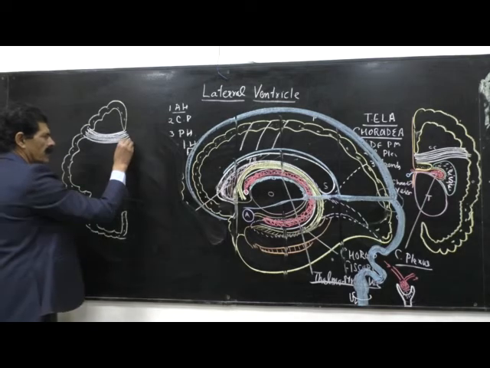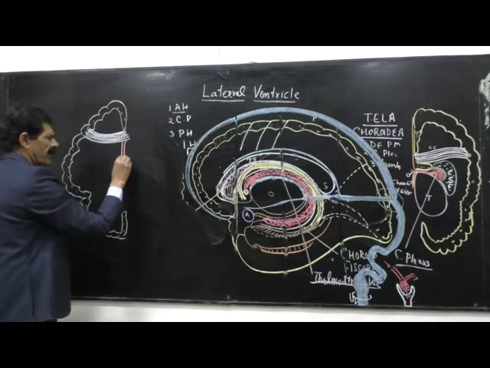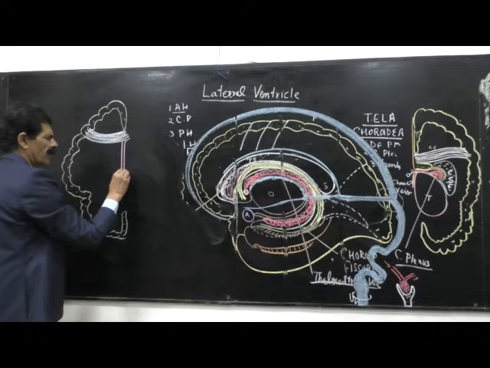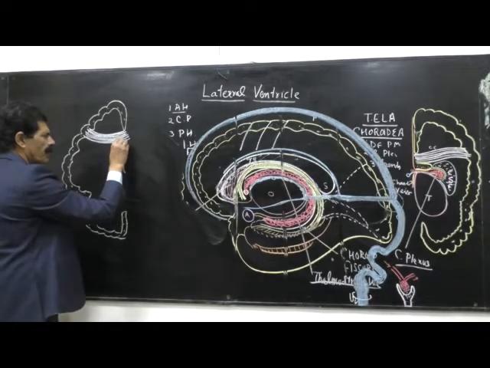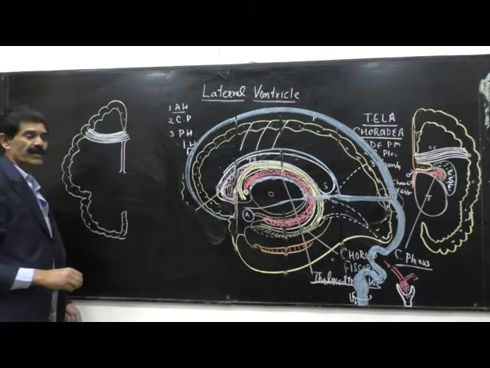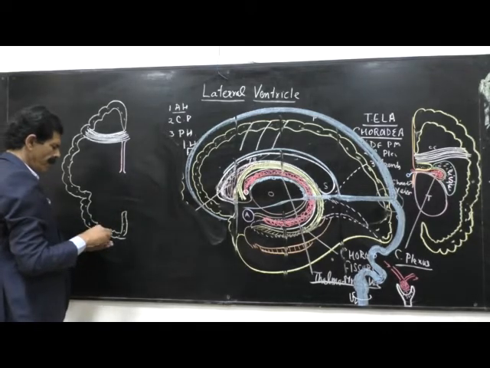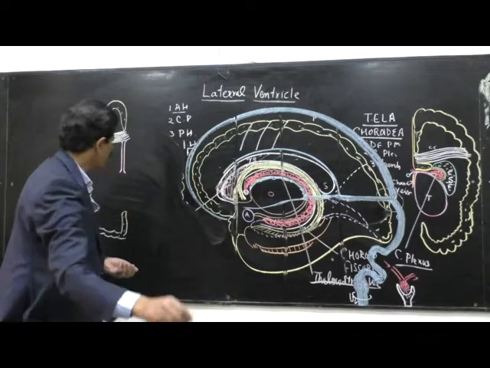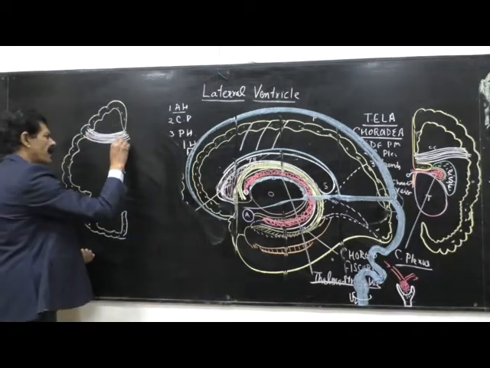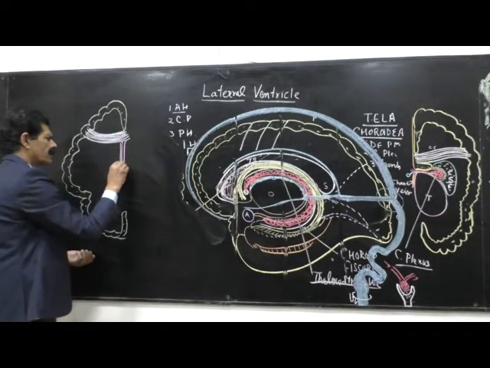The septum pellucidum, right and left side, are very close in proximity, and there is a slit-like space in between them, and internally it is lined by the ependyma.